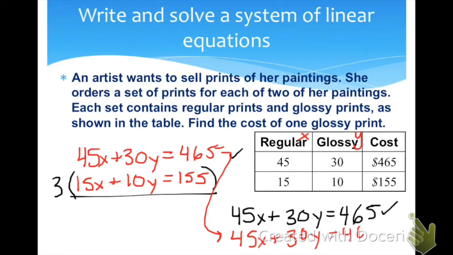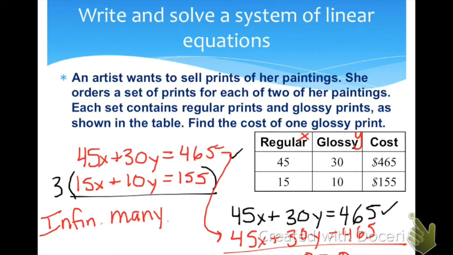If I subtract these two, 45x minus 45x is 0, 30y minus 30y is 0, equals 465 minus 465 is 0. That's telling me that there are infinitely many solutions. And when there are infinitely many solutions, we would say there's not enough information to determine the price.